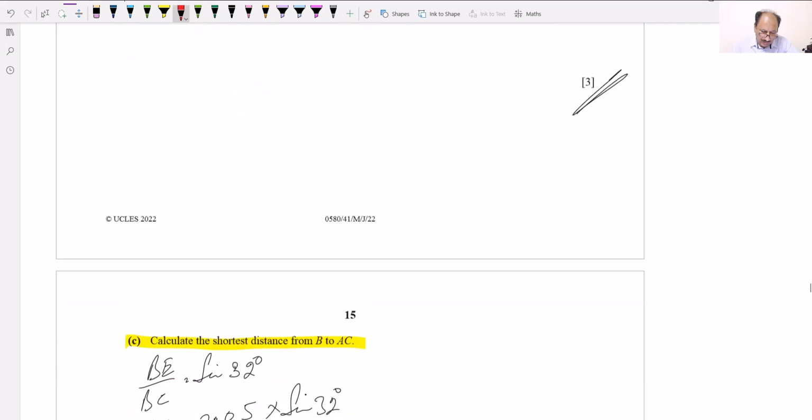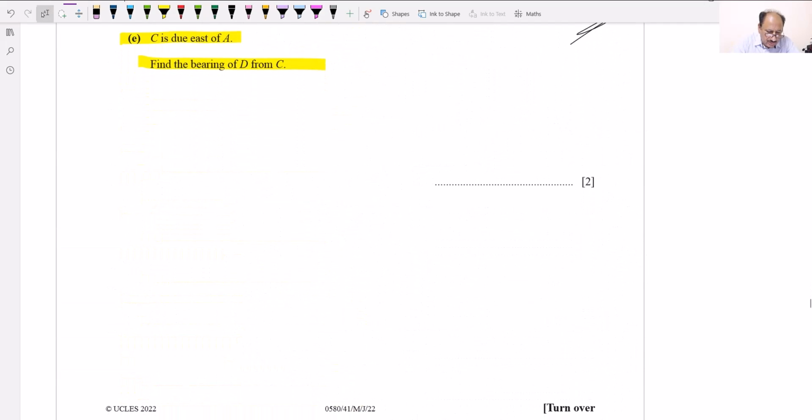So we can write this working over here, which is 270 plus 39.6. So this will be equal to 309.6, and 309.6 will be our final answer for 2 marks.